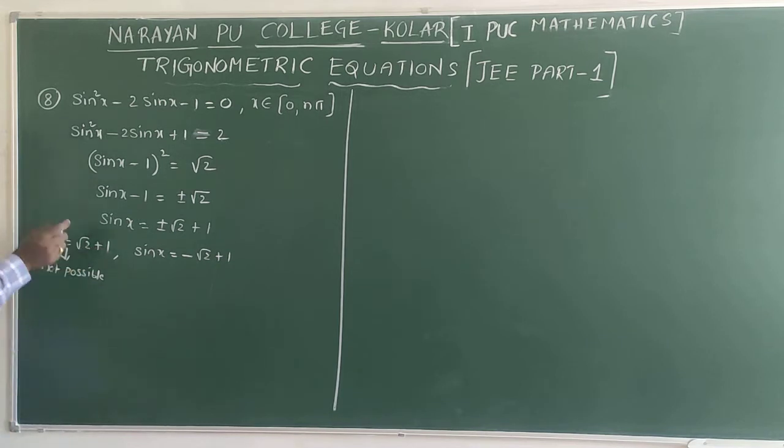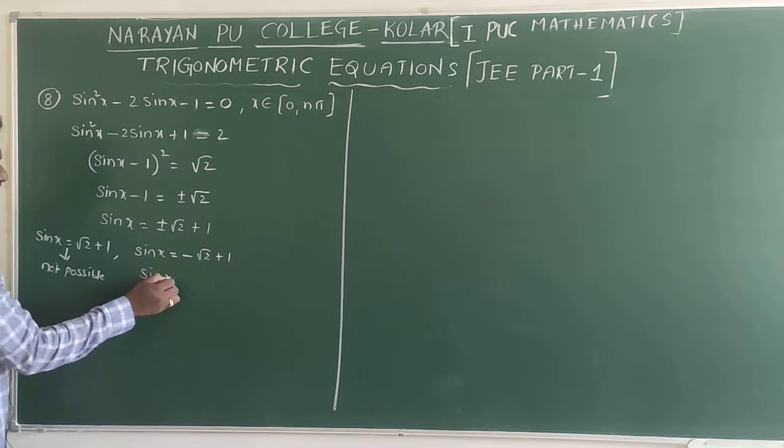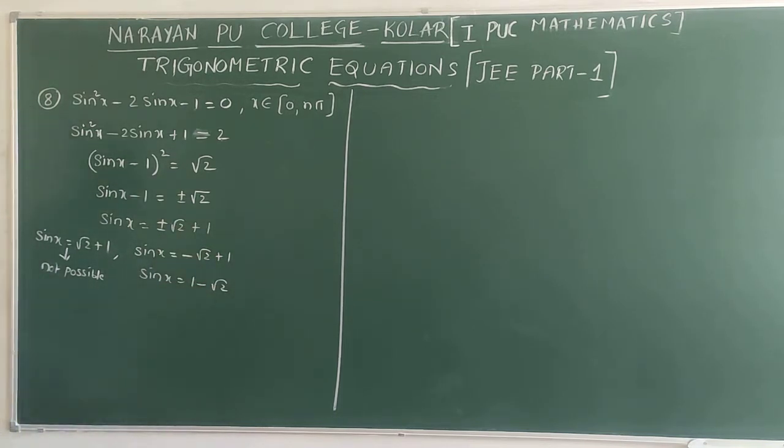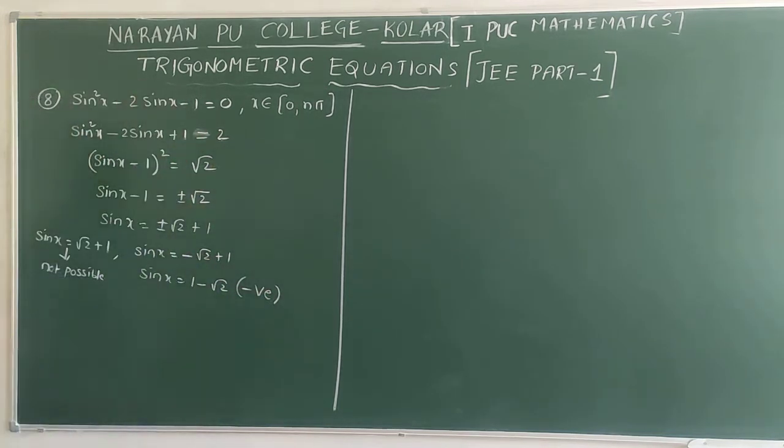Here 1 plus root 2 means 2 point something. That's why it is not in the sin range. Now we get sin x is 1 minus root 2. Overall, this value is negative because root 2 is more than 1.